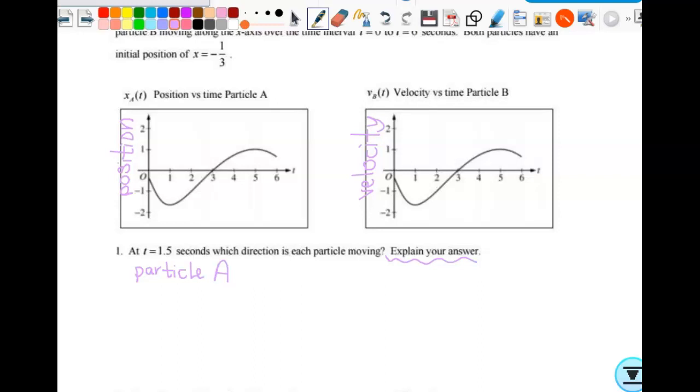I think she was saying it is left of the origin. So now what direction is it moving? This way.